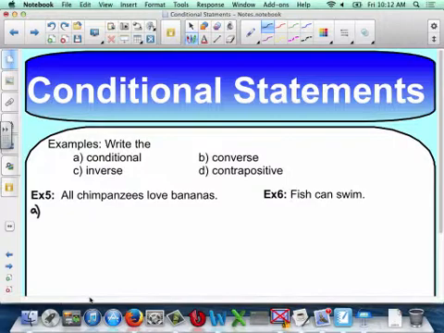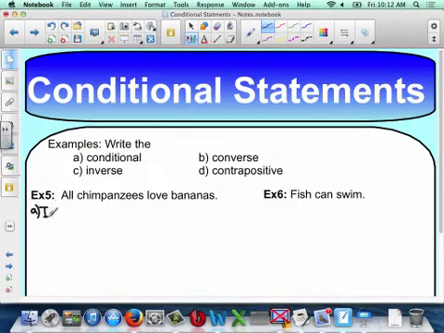We need to write it as an if-then statement. Be careful here because we don't necessarily have to use "all chimpanzees." Sage? If the animal is a chimpanzee, and it loves bananas.